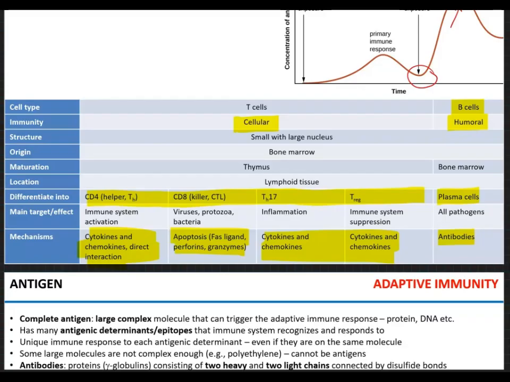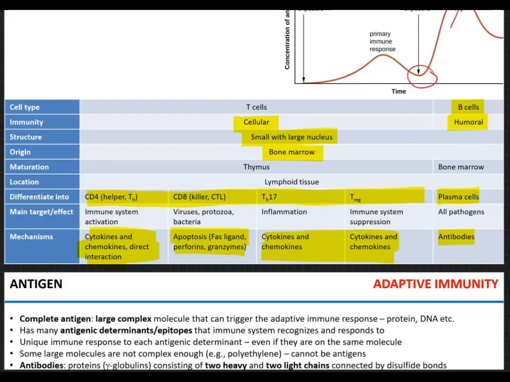Both B and T cells are lymphocytes, small cells with the large nucleus, and all of them, just like any other cell of blood lineage, originate in the bone marrow. The main difference between the two is that in order to become functional, both B and T cells have to mature.